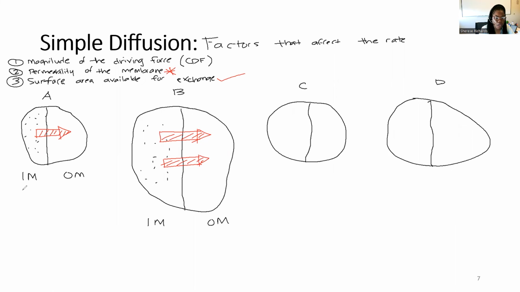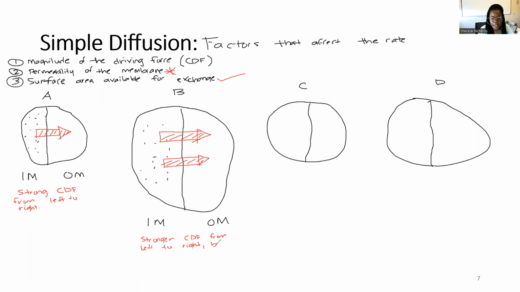Here we have a strong concentration or chemical driving force. So CDF is chemical driving force. We have a strong chemical driving force from left to right. Okay. Here we have a stronger chemical driving force from left to right.